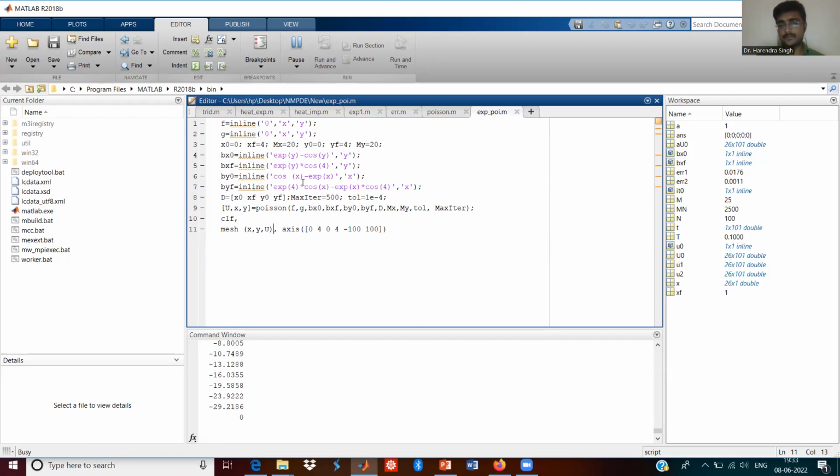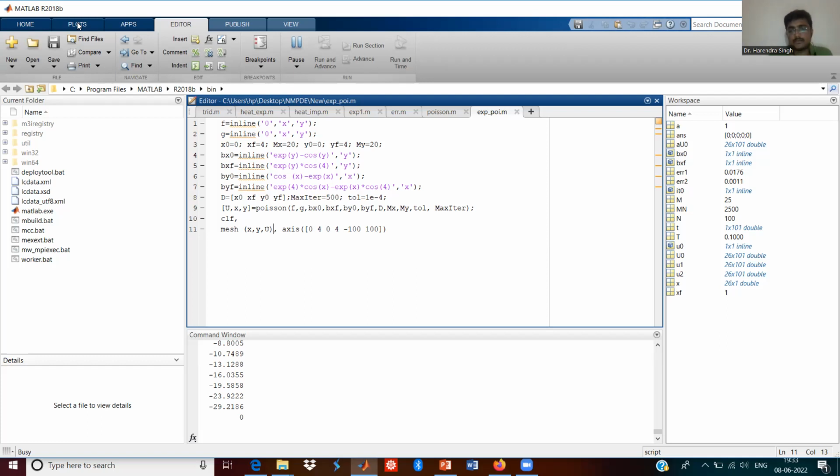It will take some time. So similarly, whatever program you are writing, please save that program by a name, because when you call it in one place, it will be easy for you.